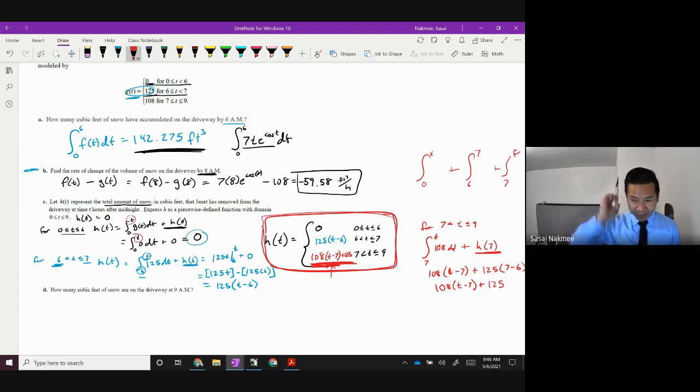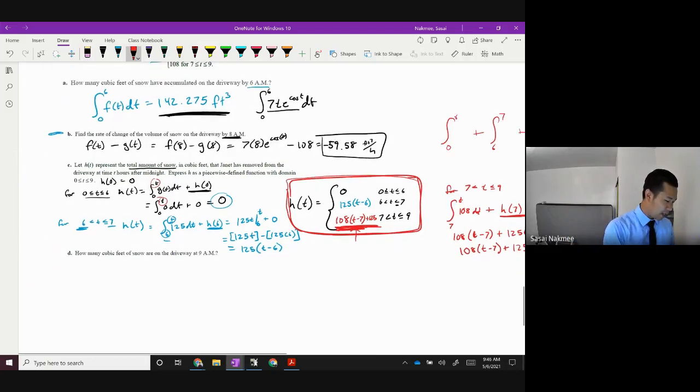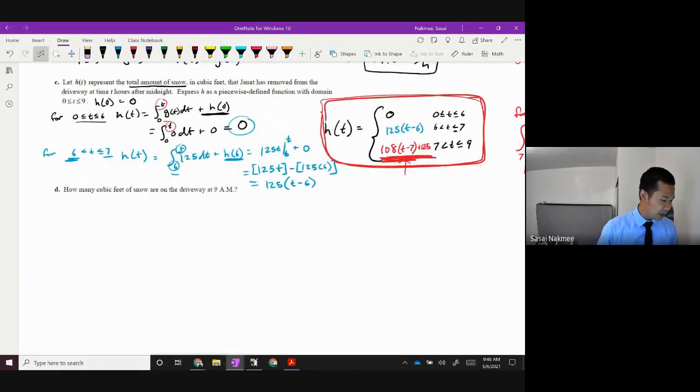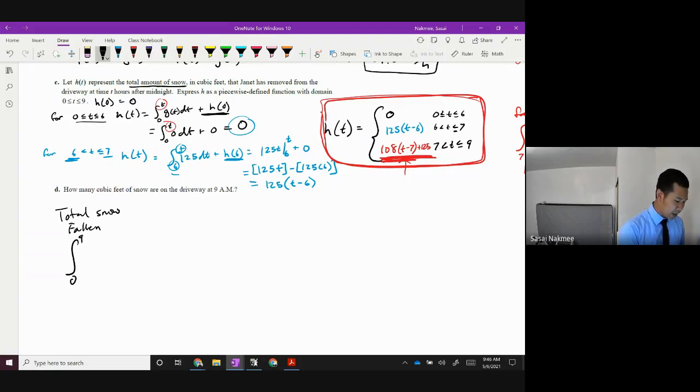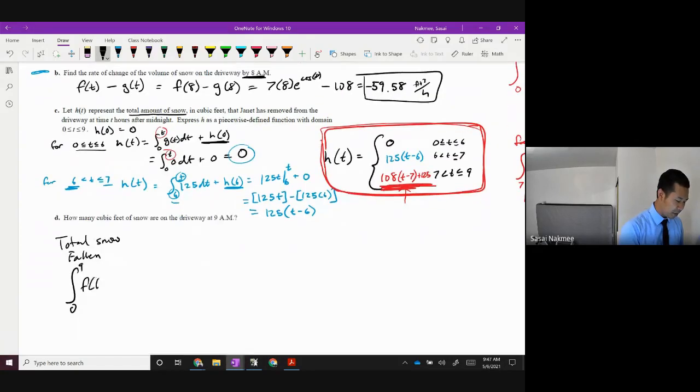With that being said, let's take a look at part D. How many cubic feet of snow are on the driveway at 9 a.m.? For this one, how much snow has fallen in total by 9? The total snow fallen would be the integral from when it started snowing, which is midnight, to 9 a.m. of the function of the rate at which snow is falling, which is going to be f of t dt.